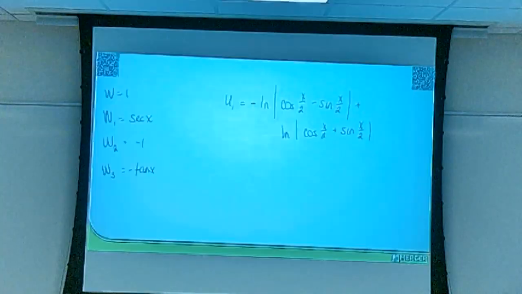It didn't give me the hyperbolic. So that might be a new change with one of the updates for Wolfram. U2 is negative x, and U3 is log of cosine. But you're not incorrect if you use the hyperbolics.